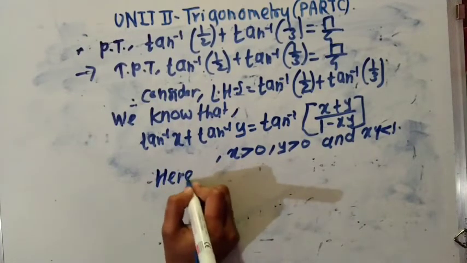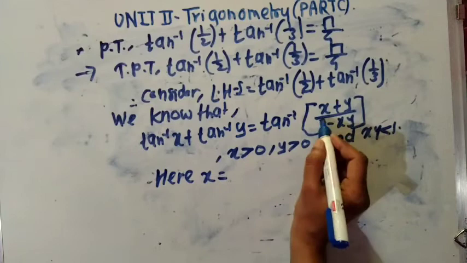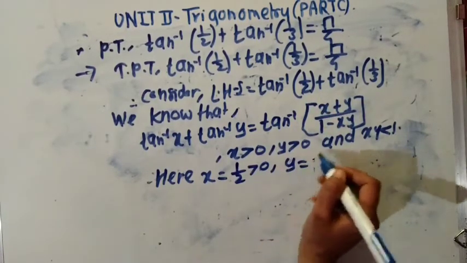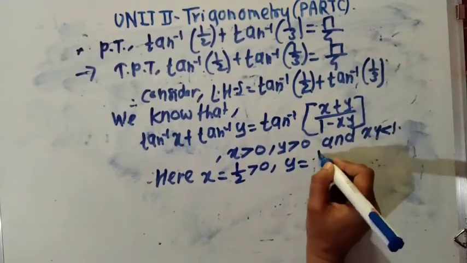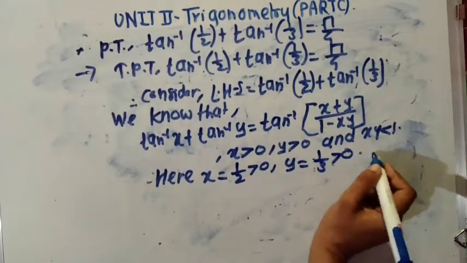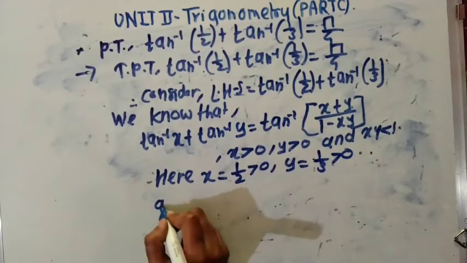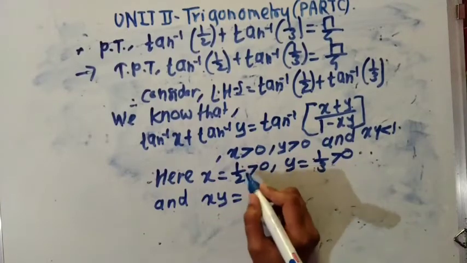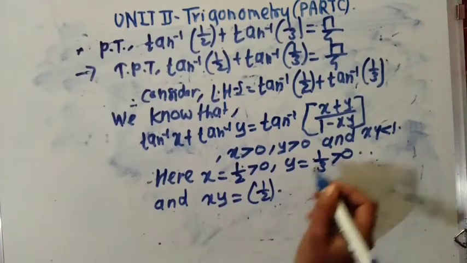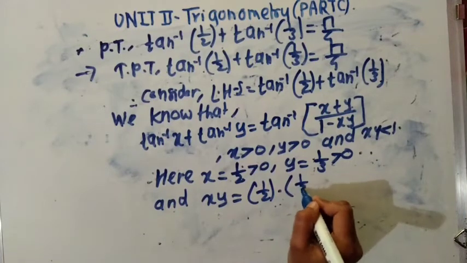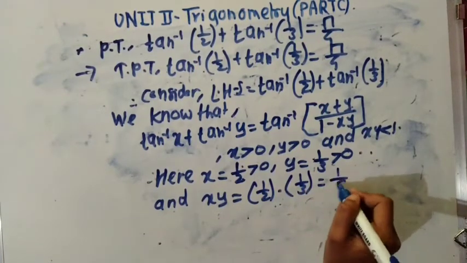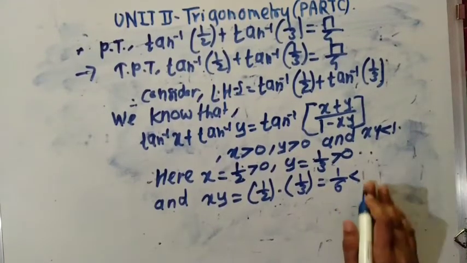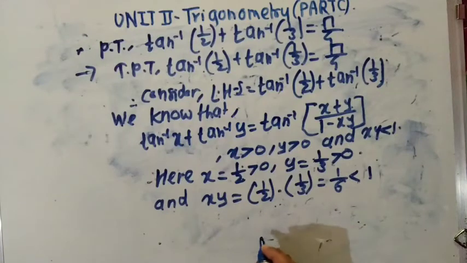Here x is equal to 1 by 2, which is greater than 0, and y is equal to 1 by 3, which is also greater than 0, and x into y, that is 1 by 2 into 1 by 3, is equal to 1 by 6, which is less than 1.